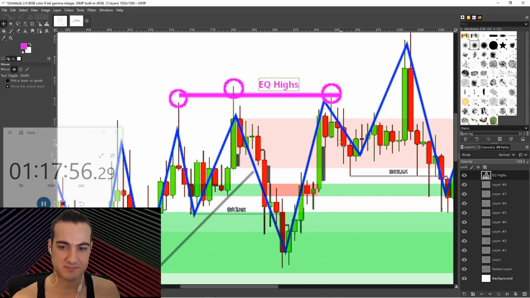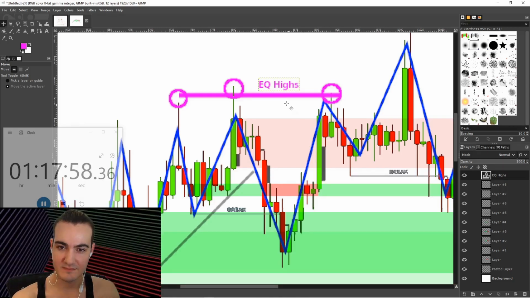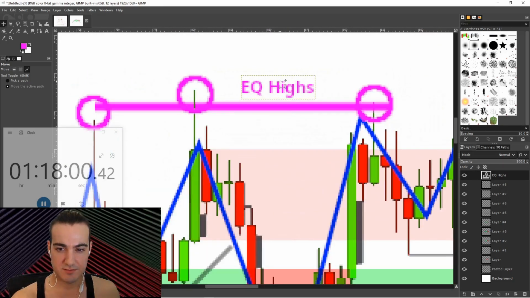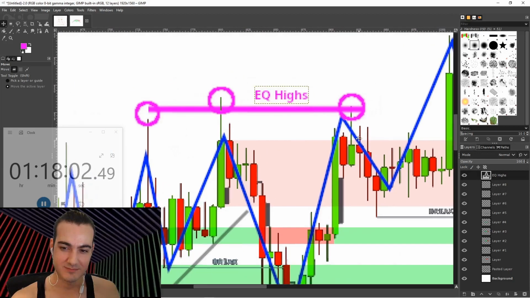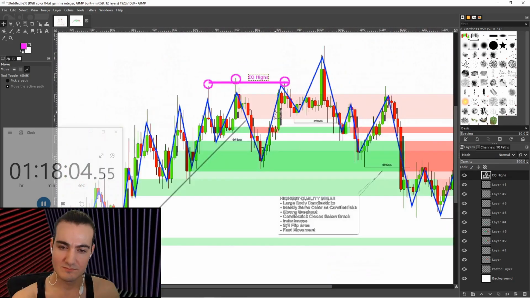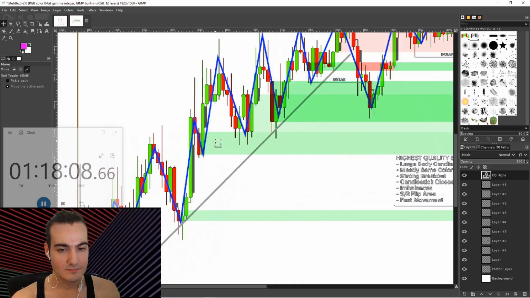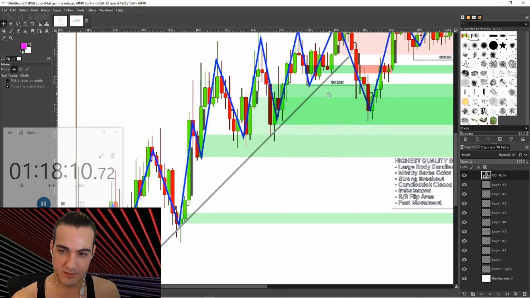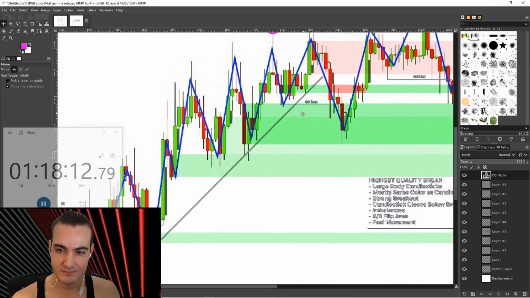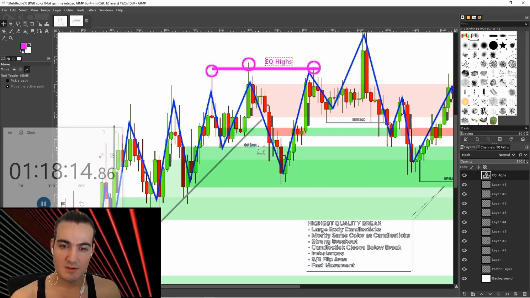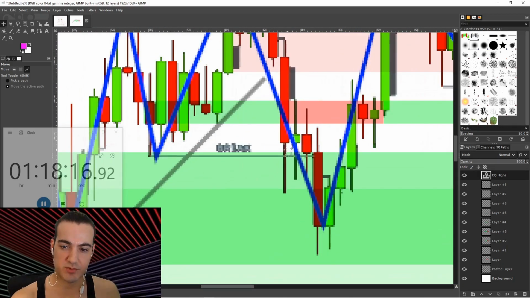It is interesting how price just cannot leave those equal highs alone. So we have clear uptrend. Then we have one market structure break here.